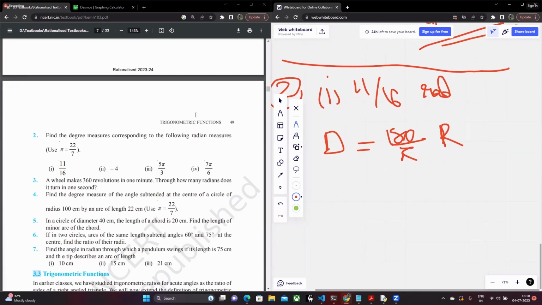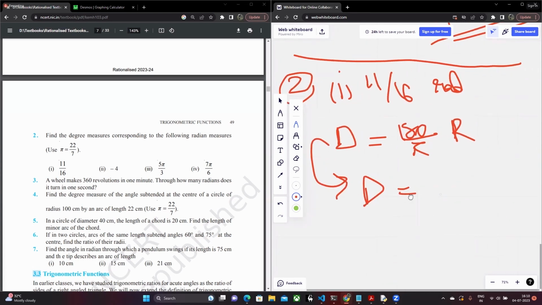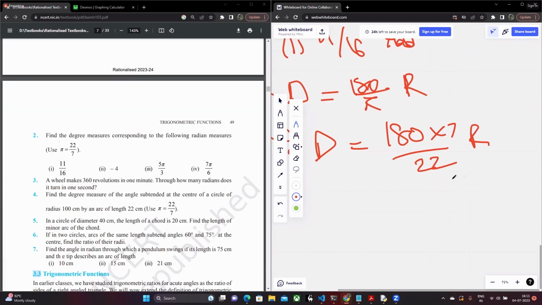Since I've given that pi is 22 by 7, I'll condense this formula to write degree measure is equal to 180 times 7 divided by 22 into R, right? And I'll cut a 2 over here because I want to simplify things for me. So this is going to be 9 sevens are 63. That's 630 divided by 11 into R.